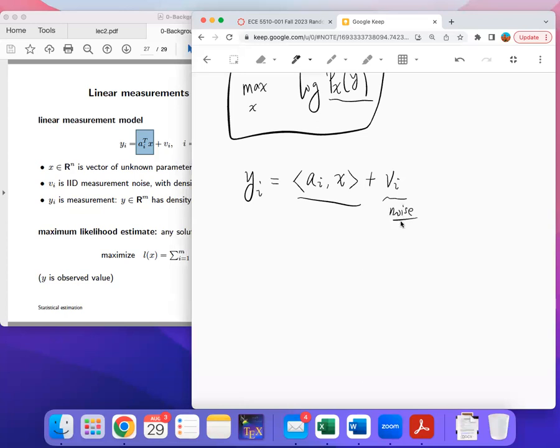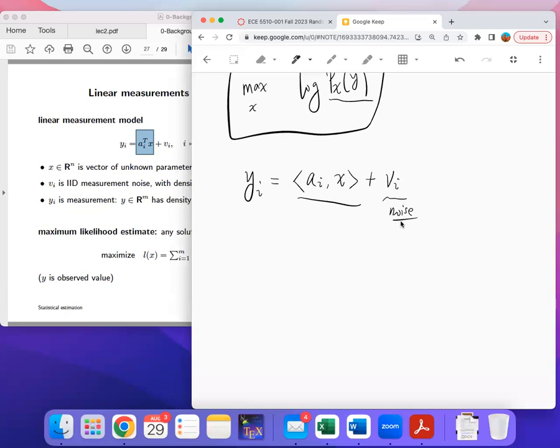Okay. For example, if you do MRI in medical applications, this is basically the equation, right? X is the underlying object. Maybe it's a part of your brain. ai is usually a Fourier vector, a discrete Fourier vector.